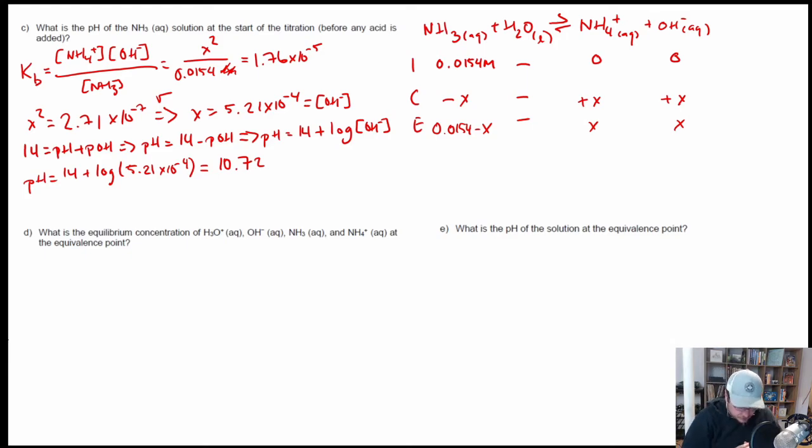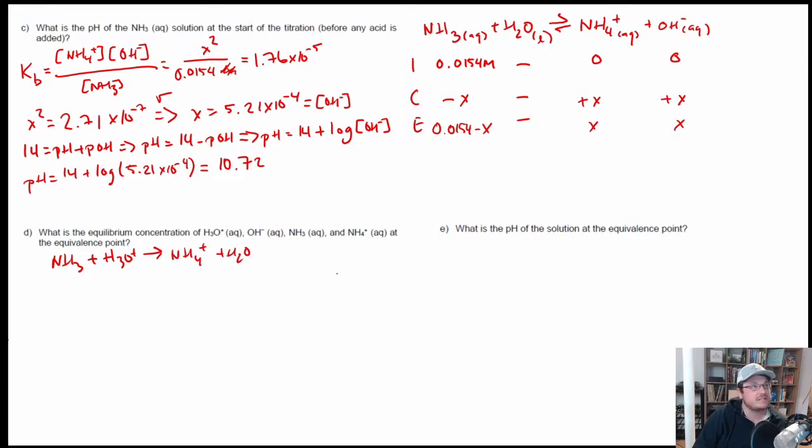Part D: what is the equilibrium concentration of H3O plus, OH minus, NH3, and NH4 plus at the equivalence point? What we know is at the equivalence point, you have NH3 reacting with H3O plus to form NH4 plus and water.